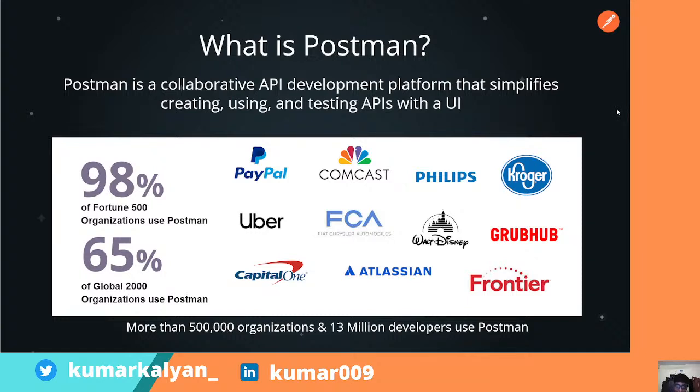It's more than 100,000 organizations that use Postman, and more than 20 million active developers. I think last in the month of February, the CEO tweeted. So everyone uses Postman. Why shouldn't you? Even Google uses Postman. We don't have a Google image here, but Google also uses Postman.